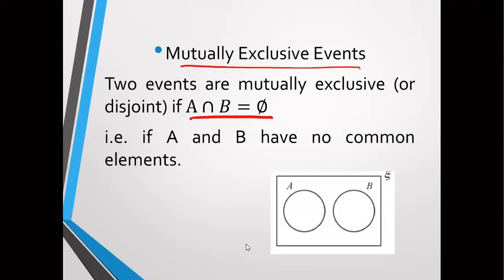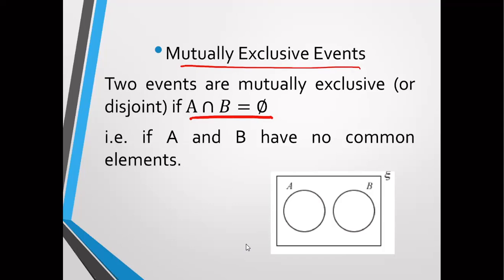That means, let's say we have two events A and B. If we can find an intersection region, a common region for both A and B, that means those two events are not mutually exclusive.